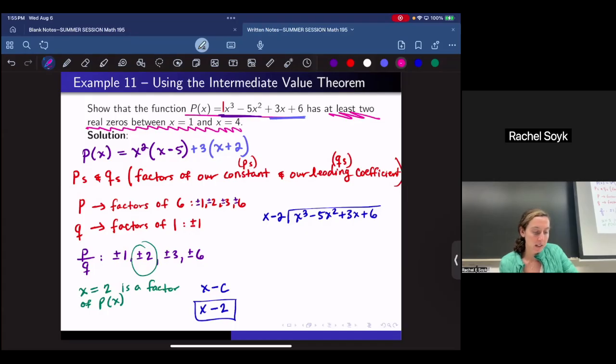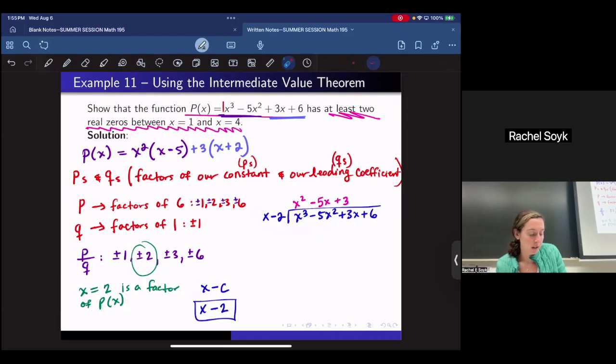So now at this stage, we start off with our x. X times what gives you x cubed? X squared, right? And we just keep going. X times what gives you negative 5x squared? Negative 5x. And then x times what gives you 3x? Plus 3.